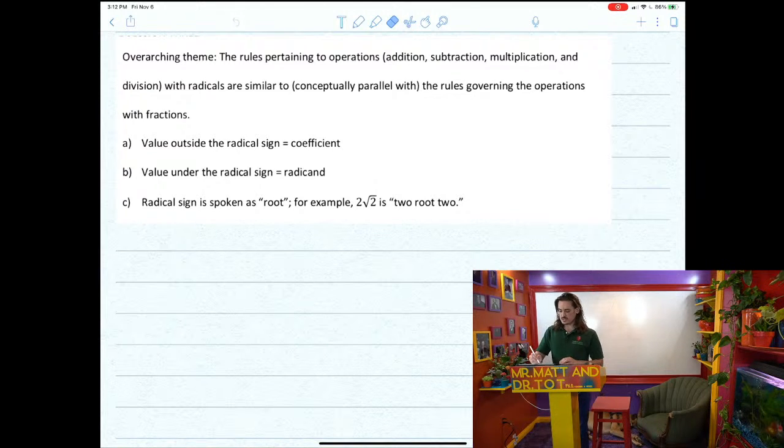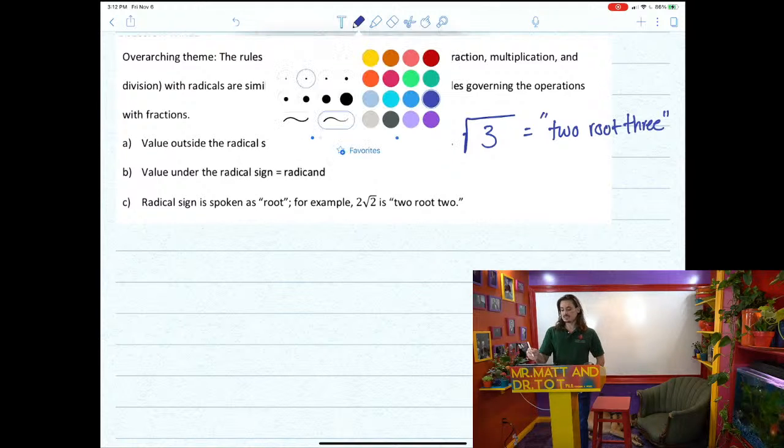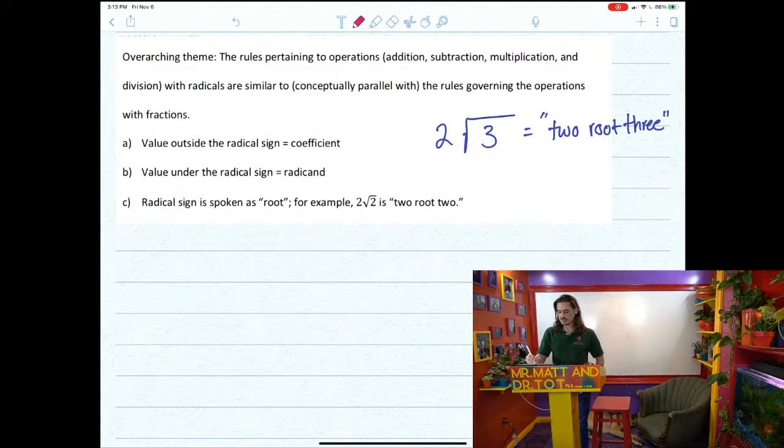The overall definitions here that we're working with: let's say we have 2 root 3, so that's literally 2 times the square root of 3. If we have no index value, as there's nothing listed here, it's implicitly the square root.